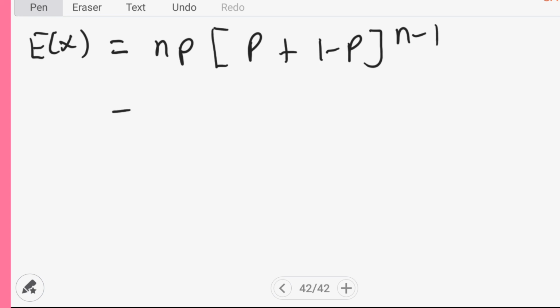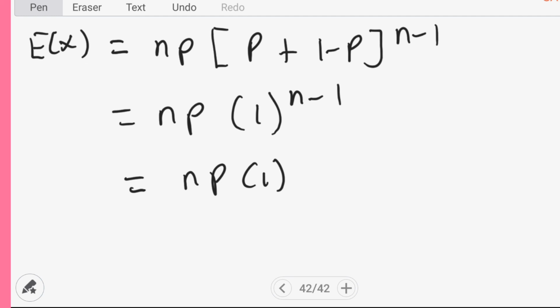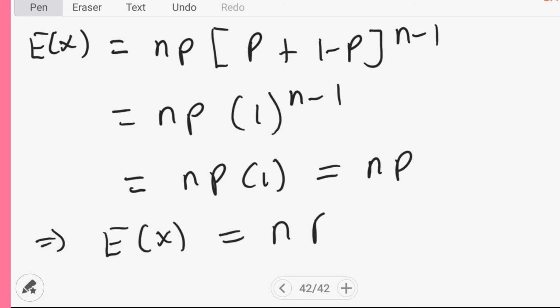So we have np, and this will be 1 to the power n minus 1. So 1 to the power any number is still 1. So we have np by 1, which is equal to np, which implies that our expected value of x is equal to np.